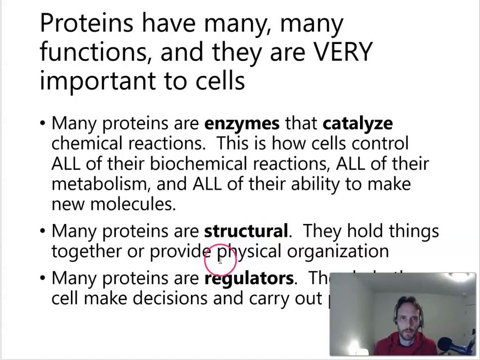Actin is the best example. Structural. They're just, you build things out of proteins. And then regulators help a cell decide to do things. So they're basically enzymes that are going to make other enzymes work differently. And that's pretty cool.